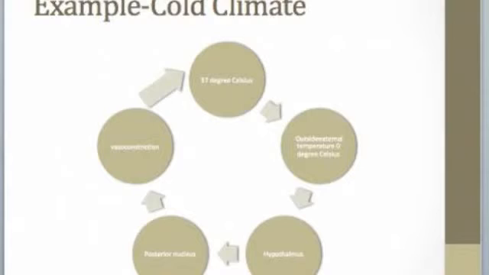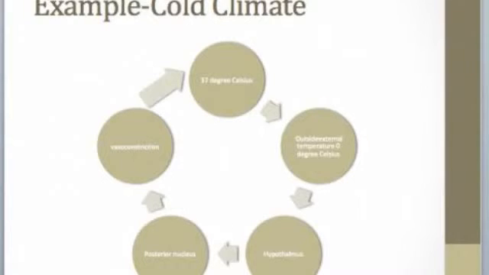Now let's look at another example. Let's say it's really cold outside. As we know now, internal temperature is 37 degrees Celsius. Now if it's 0 degrees Celsius outside, it's extremely cold. The body has to produce mechanisms in order to, once again, maintain that internal temperature, that 37 degrees Celsius. So once again, we have our preoptic area of the hypothalamus, which we know now functions as a thermostat. It receives the signals from the peripheral thermoreceptors saying, oh, it's really cold outside.